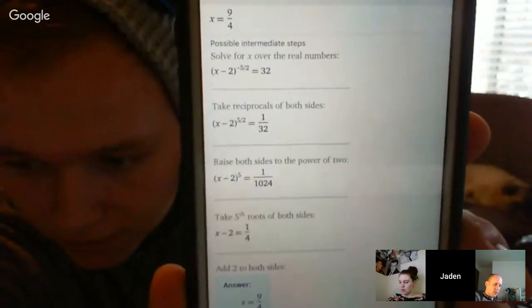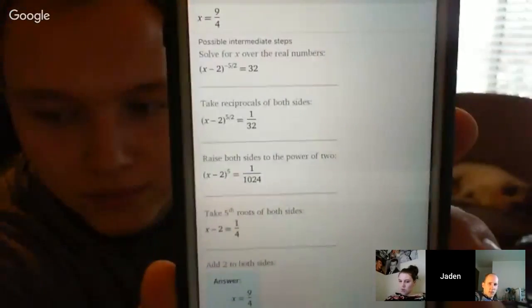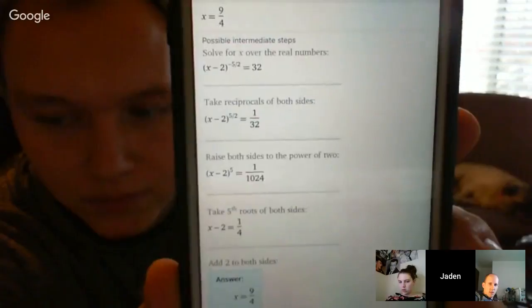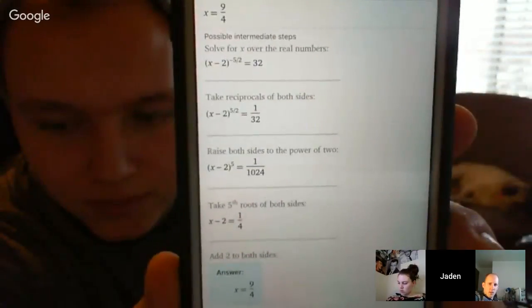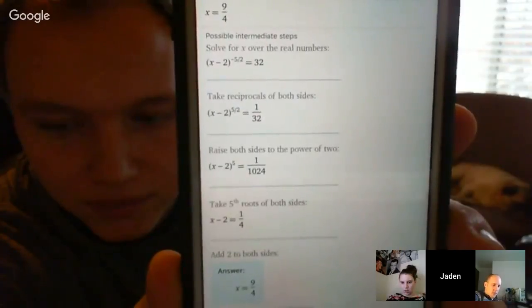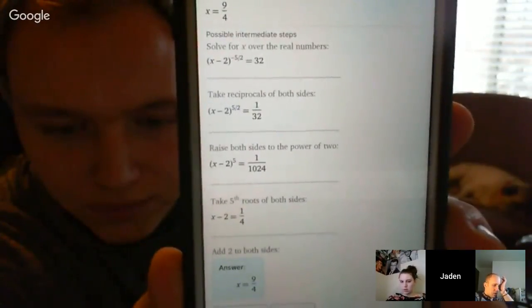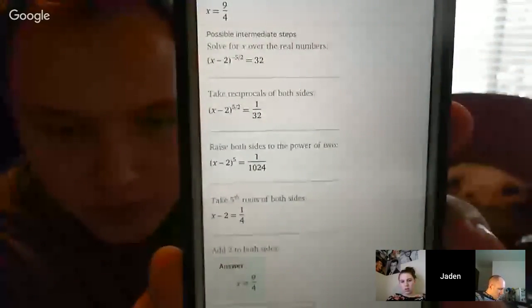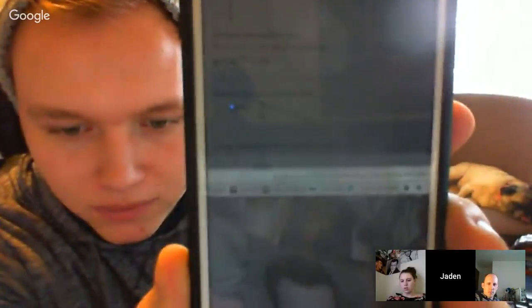Okay, so it looks like you could go to the other side instead. Equals 1 over 32. Then square and square. That's going to be minus 2. Oh, okay. Cool. Are you squaring both sides or square rooting?